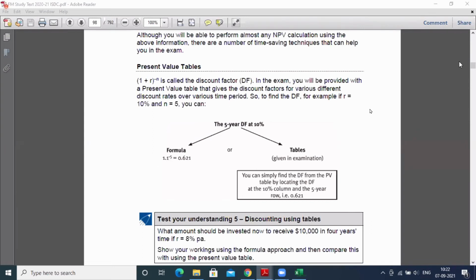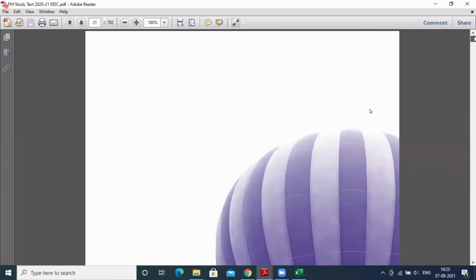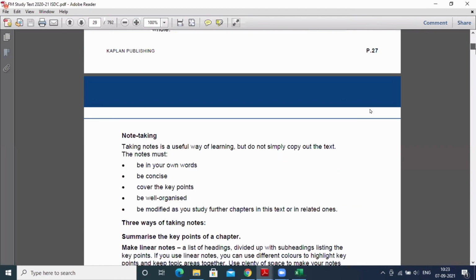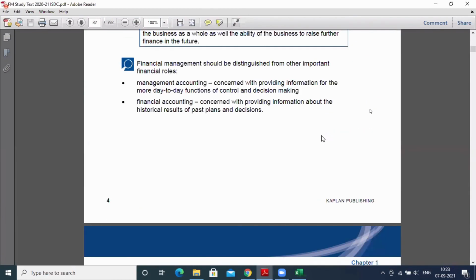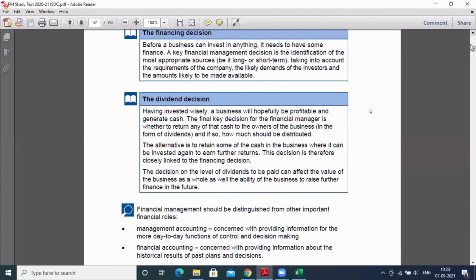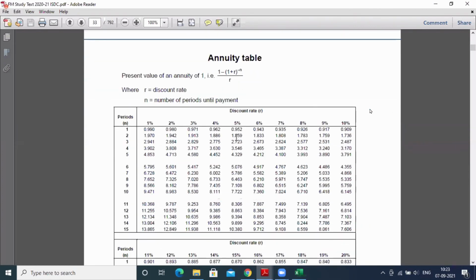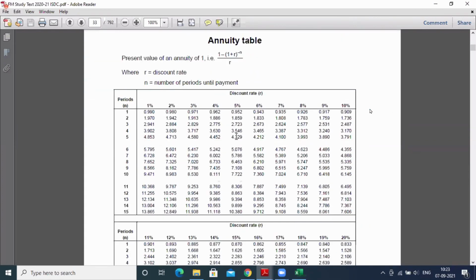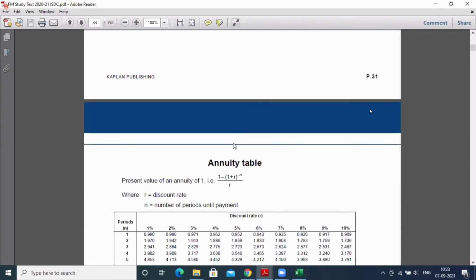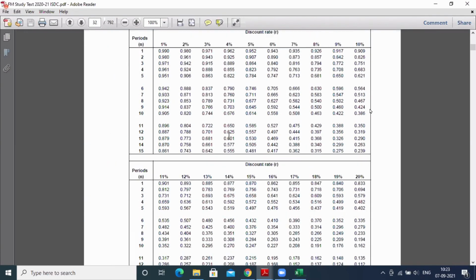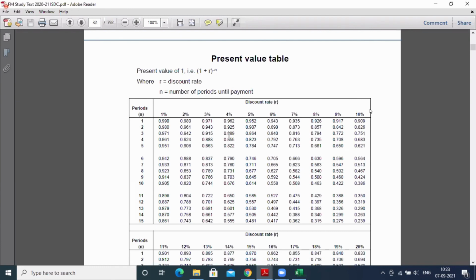Suppose, let me show a small thing. I hope you can see the annuity table, right? Can you see this? Yes.